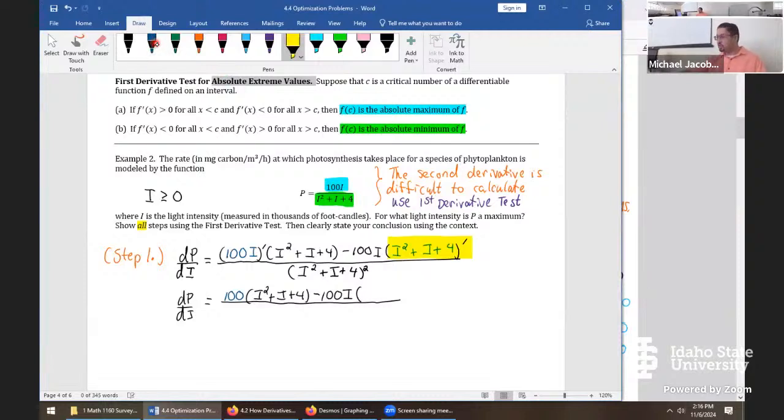Anyone else have a good answer for what this derivative should come out as? Eli says 2i plus 1. Good call. That's exactly what this one should resolve down to.